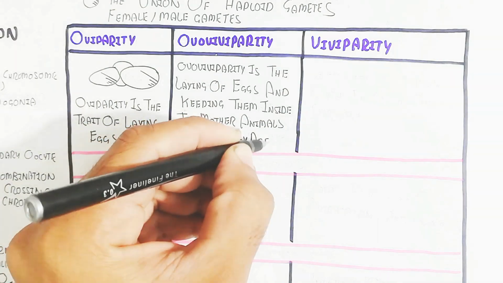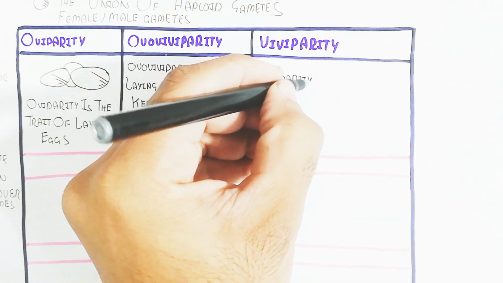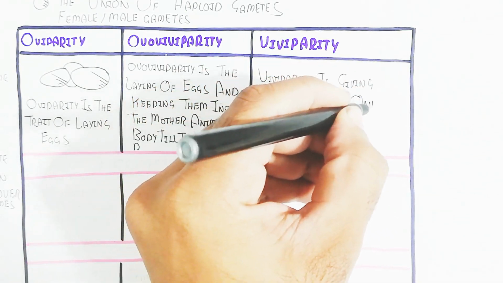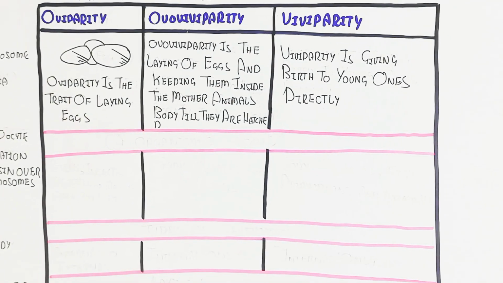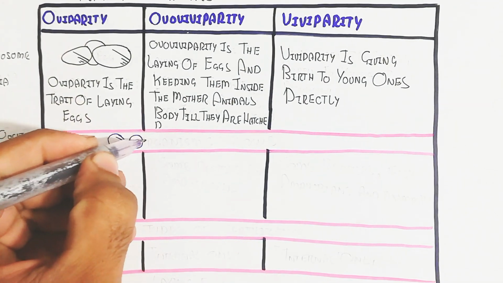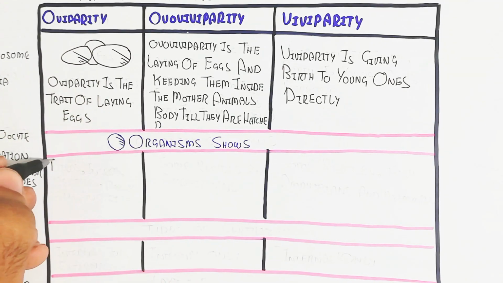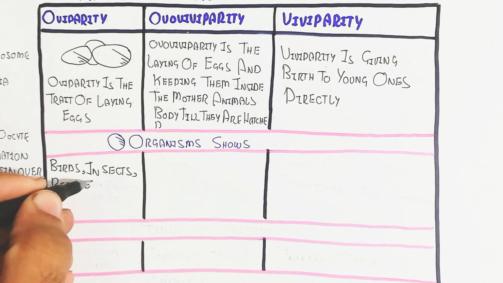So the development is inside, while in oviparity the development is outside, where the egg is laid and requires incubation. Viviparity means giving birth to young ones directly, without any egg formation, but oviparity and ovoviviparity require eggs.